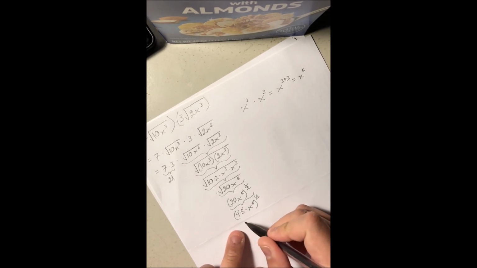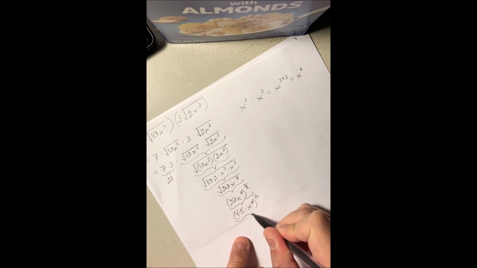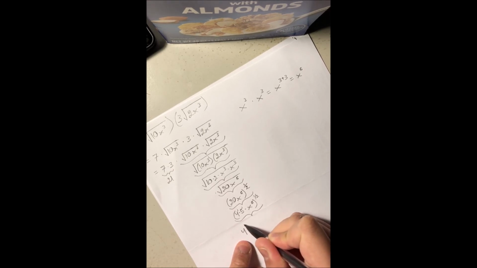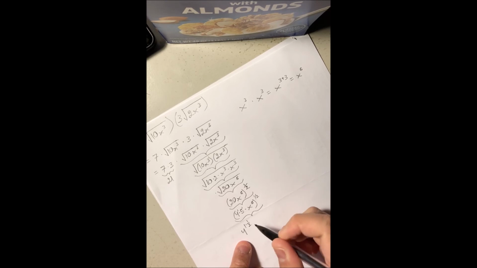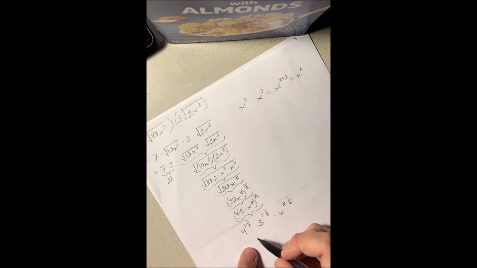So that means this is going to be 4 raised to the 1 times 1 over 2, multiplying 5 raised to the 1 times 1 over 2, multiplying x raised to the 6 times 1 over 2. But we know how to multiply whole numbers by fractions: take the whole number, multiply the numerator, and keep the denominator.